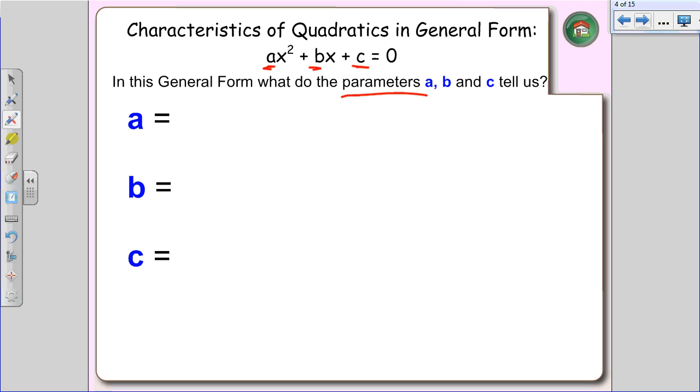So we can look at a quadratic equation and have an idea of how it's going to look before we actually do anything. The A value, the very first value that comes in front of your x squared, that parameter dictates whether you open up or if you open down.